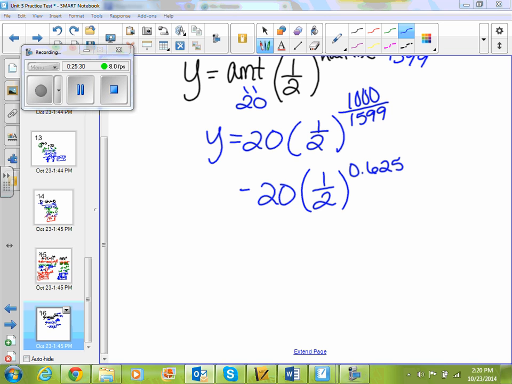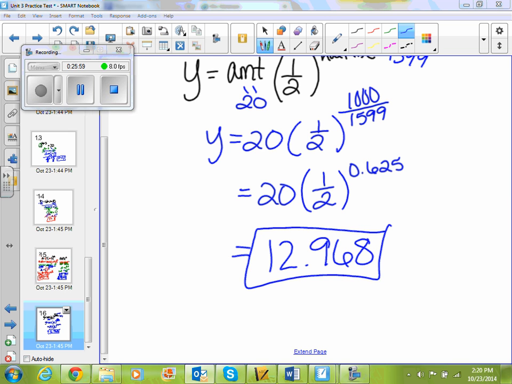So I get 20 times 1/2 to the 0.625 power. So then put 1/2 to the 0.625 power in your calculator, take that times 20, and then let's see what you get. 12.968. Okay, so we would have 12.968 grams left over afterwards.